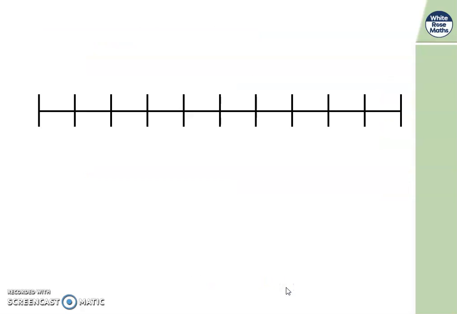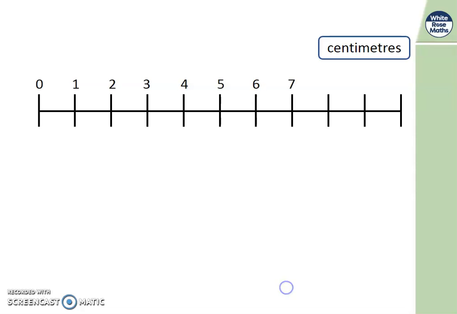Let's have a look at the relationship between centimetres and millimetres on this double number line. We'll put centimetres on this side: 0, 1, 2, 3, 4, 5, 6, 7, 8, 9, 10. We'll put millimetres on this side.